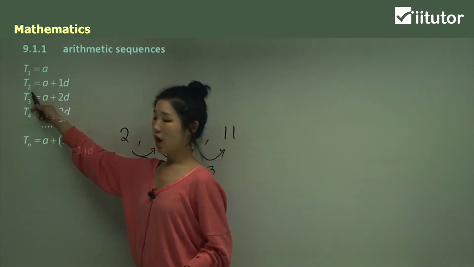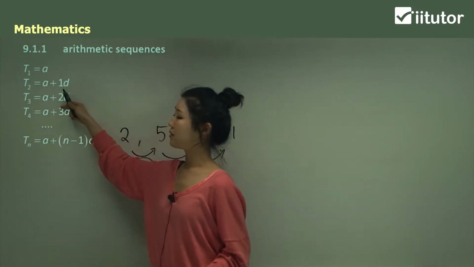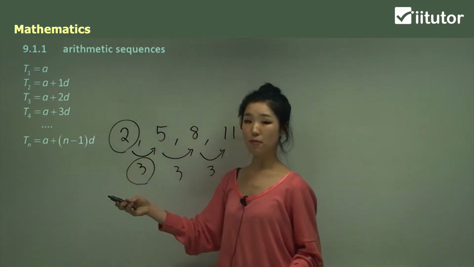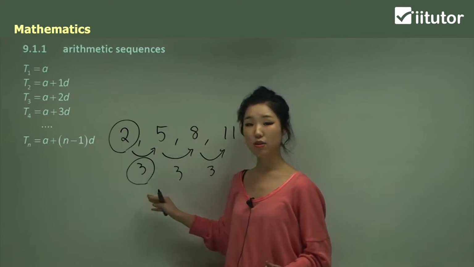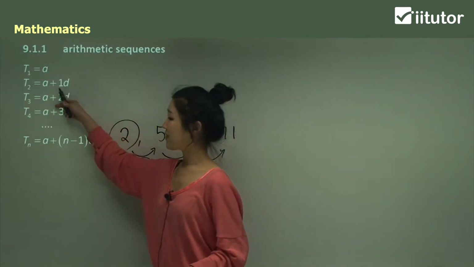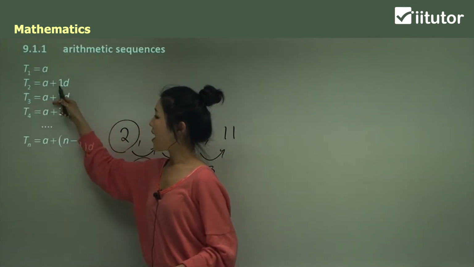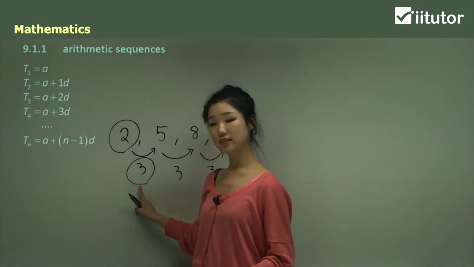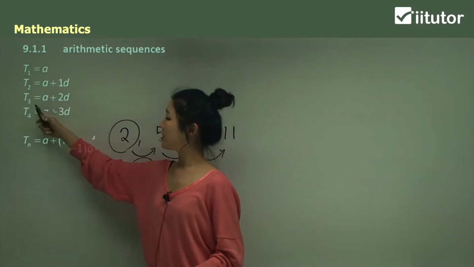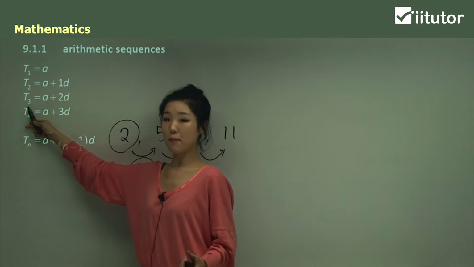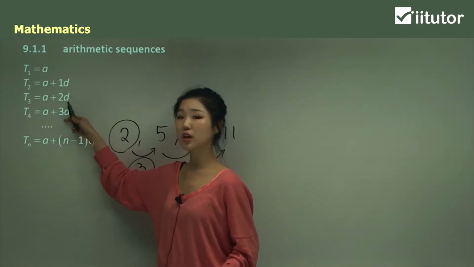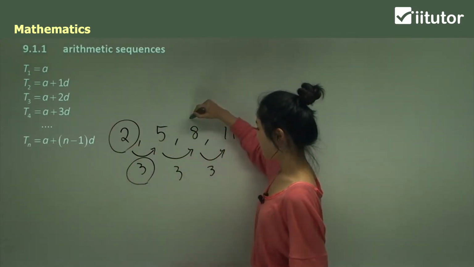Now the second term, the reason why we call it A plus 1D, have a look over here. If this 2 is our first term, to get the second number we simply add 3 one time, right? So that's why there's 1 here. To get the second number, we simply add 1 common difference to the first number A. Now to get to the third term, we go the first term A plus 2 times D. Because have a look here, see how this is the third term?